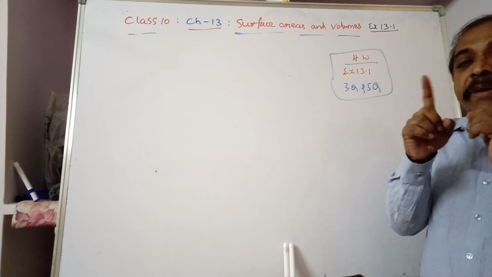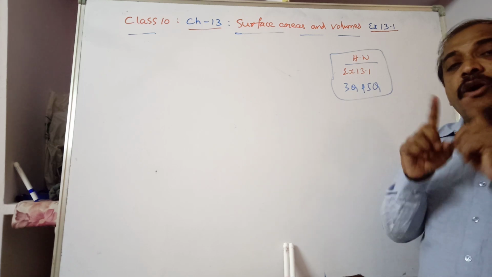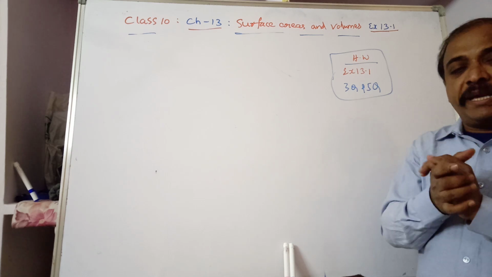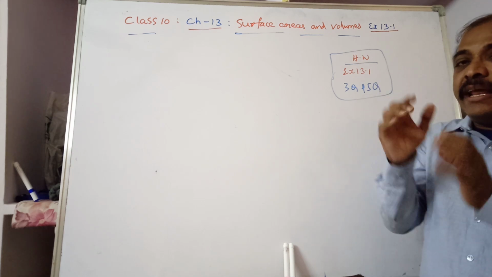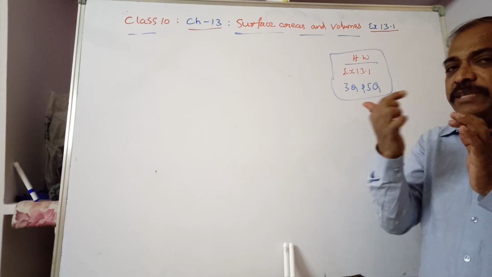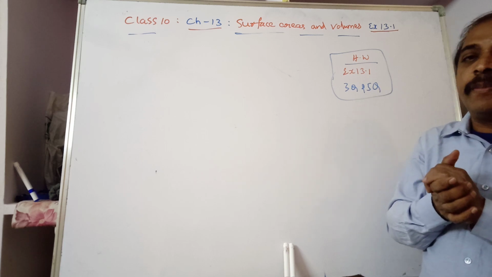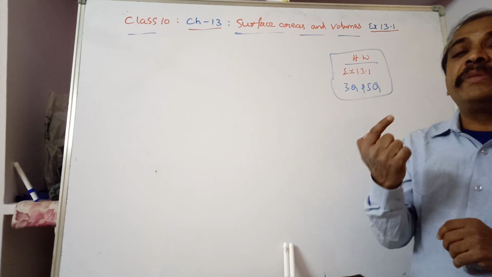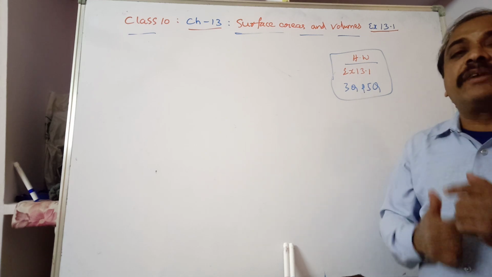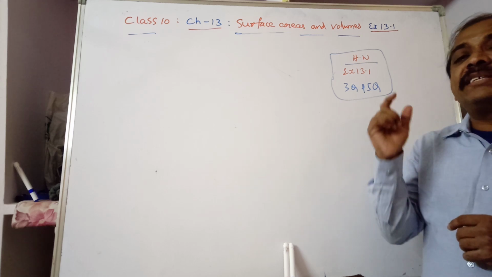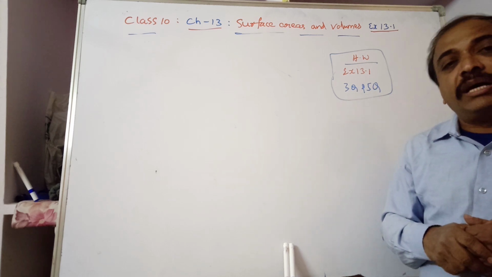Because it is not occupying the complete space of that particular cubical block, the edges are left over, the edges part is not covered by the hemisphere, so we subtracted that area: CSA of hemisphere plus total surface area of the cube minus area of the circular base. That you have to remember.